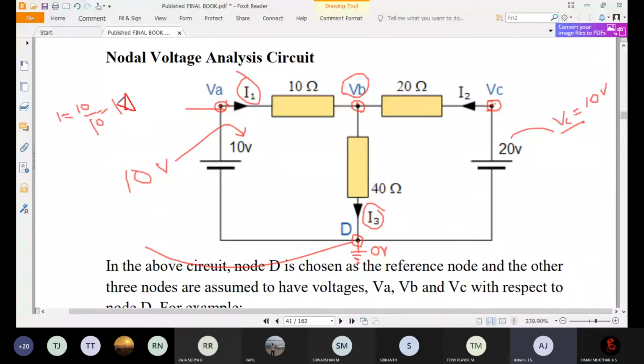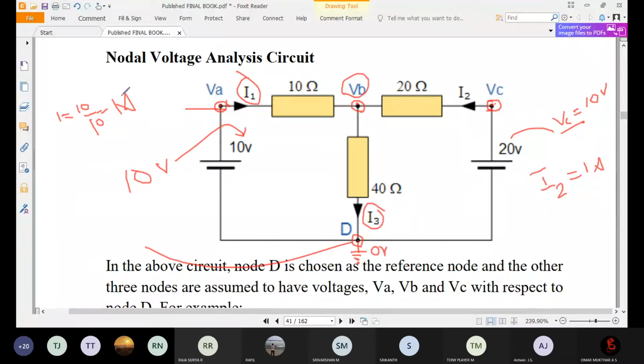This is simple. Similarly here, 20 by 20, so I2 is equal to 1 amp. Now VB we don't know, and without knowing VB we cannot identify I3, right? So here I'm going to use the nodal method.